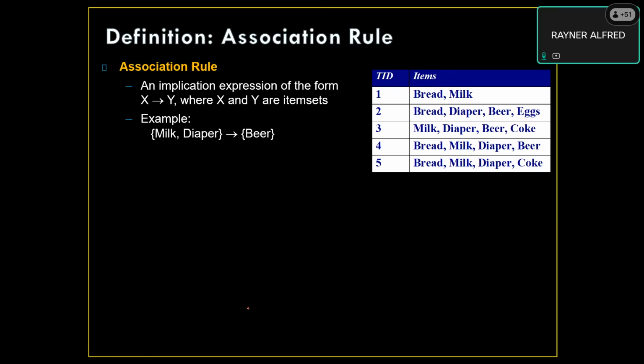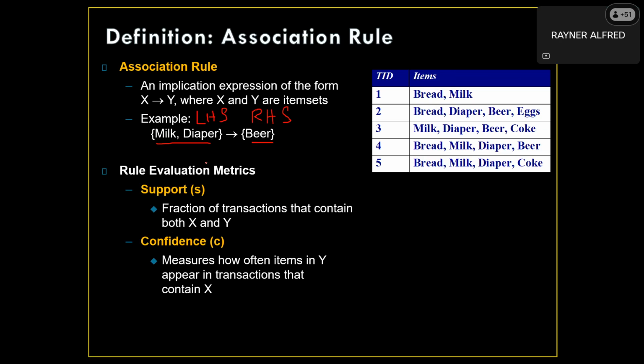When we look at association rules, we have 2 parts: the left hand side and the right hand side. Your X is on the left hand side and this is your right hand side. In other words, this is your antecedent and this is your consequent. We also have these metrics to evaluate.